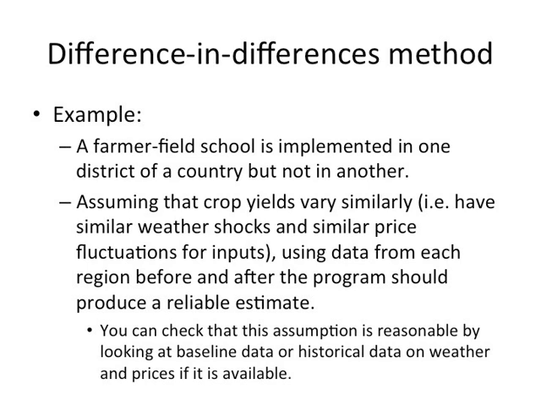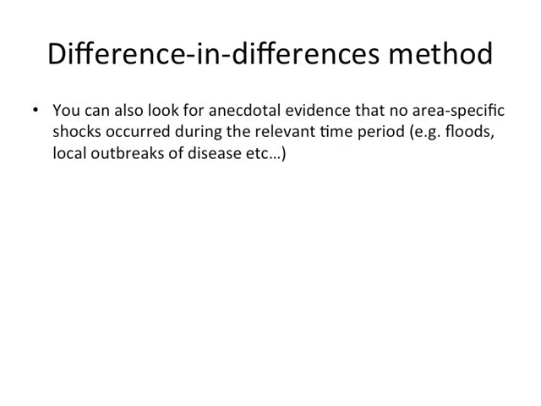If you have historical data on crop yields, you can check to make sure that this is the case. Be careful, since major events like floods or storms that may occur in the comparison area but not in the treatment area, or vice versa, could seriously bias estimates.